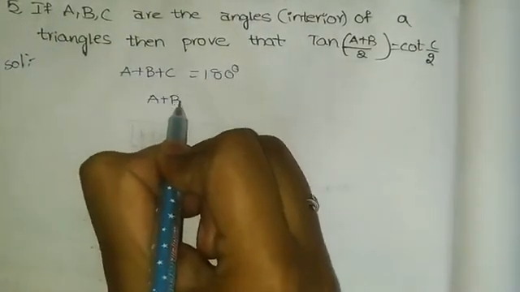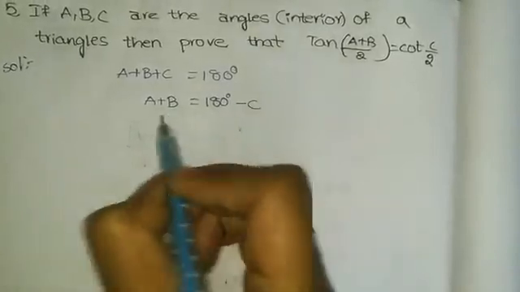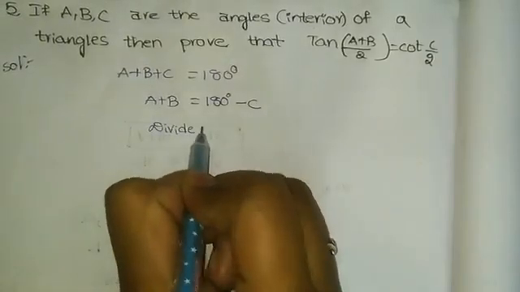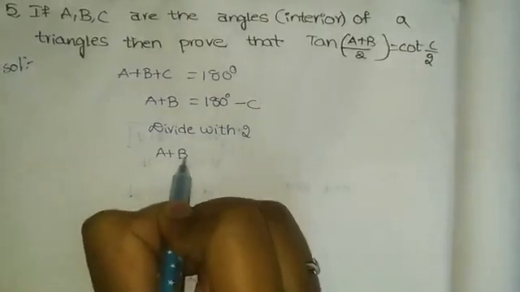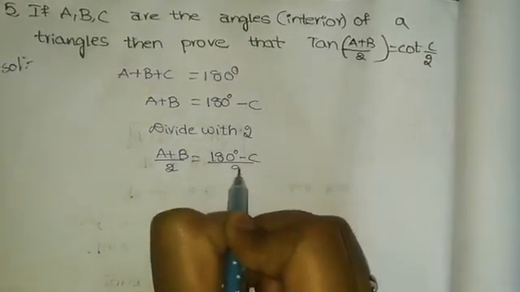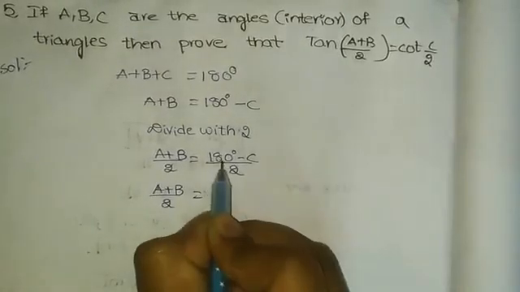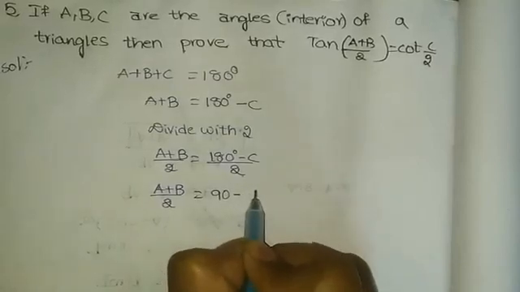Now I am sending C this side: A plus B is 180 minus C. Divide with 2: A plus B by 2 is equal to 180 minus C by 2. A plus B by 2 is equal to 180 by 2, which is 90, minus C by 2.